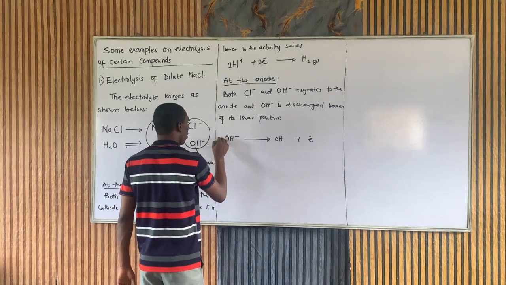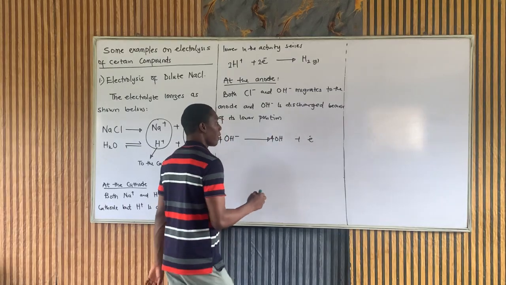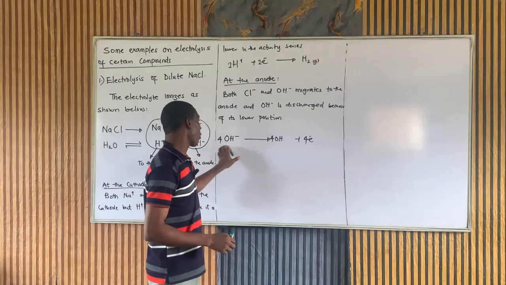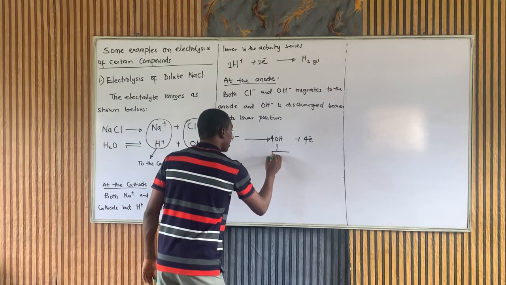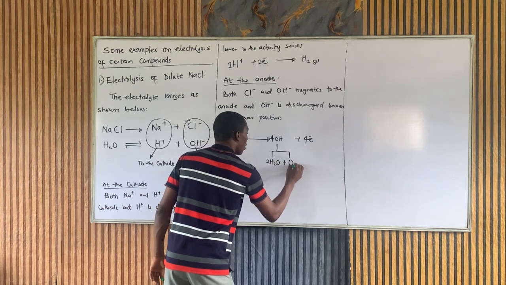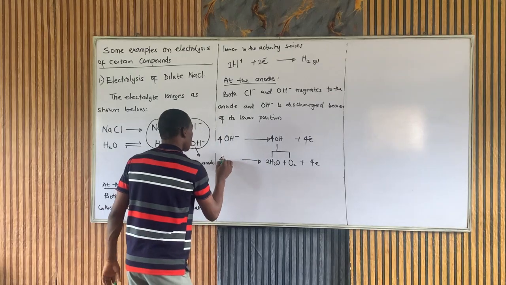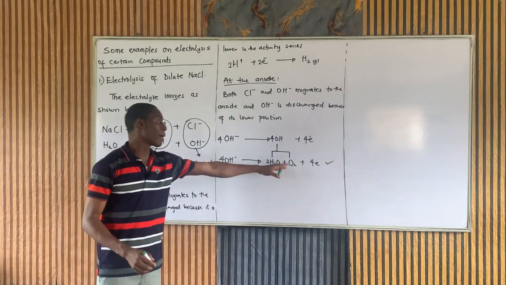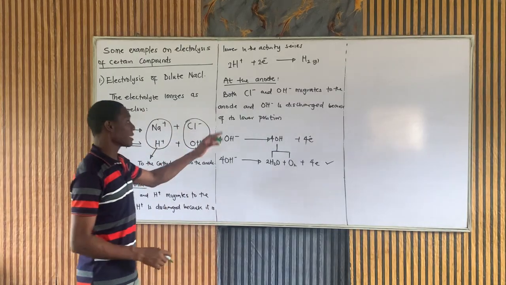We need 4 OH to be discharged as this: 4 OH minus, meaning that 1 OH gives out 1 electron, so 4 OH should give out 4 electrons. But these 4 OH will now split into 2 molecules of water plus oxygen gas. And that's what actually happens. So whenever OH is discharged, this is the equation we use: 2 molecules of water plus oxygen gas. So that's what happens at the anode.